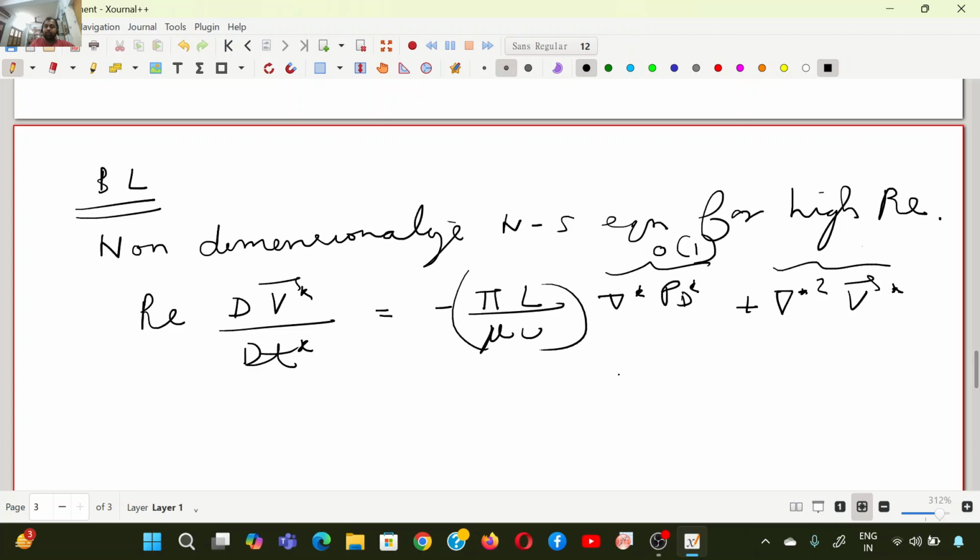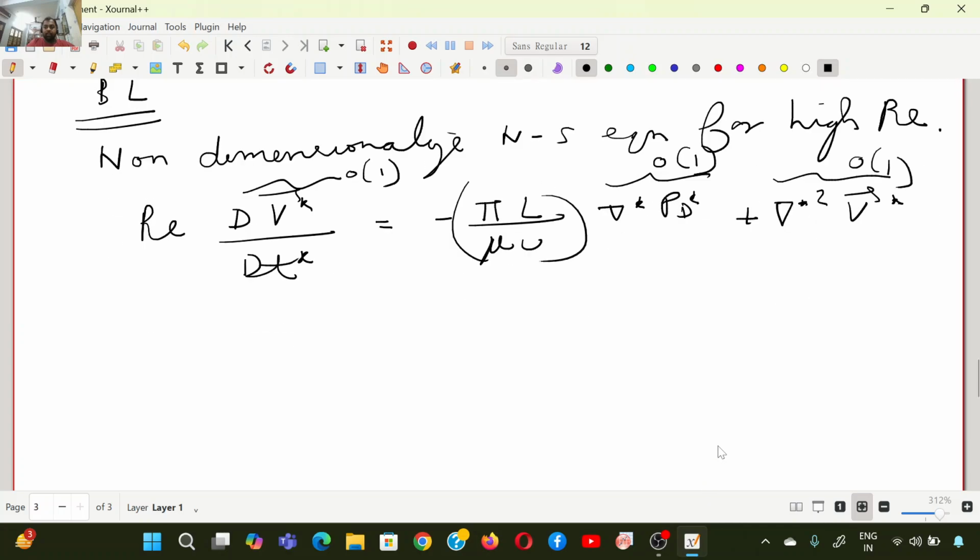This is also of order 1. Likewise, this is of order 1. And we saw that as Reynolds number tends to infinity, this term and this term must be similar, right? And the scaling that we obtained was p is rho u squared, right?